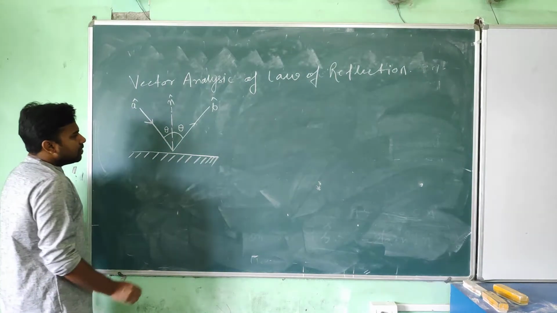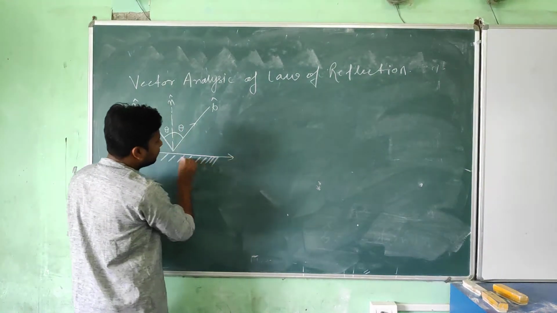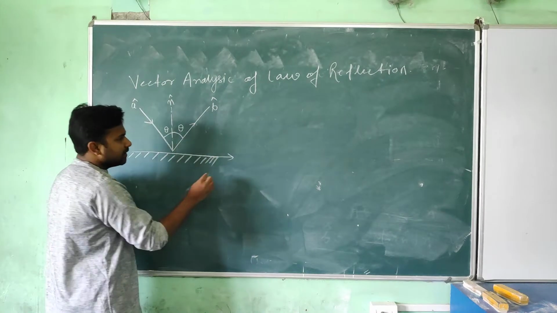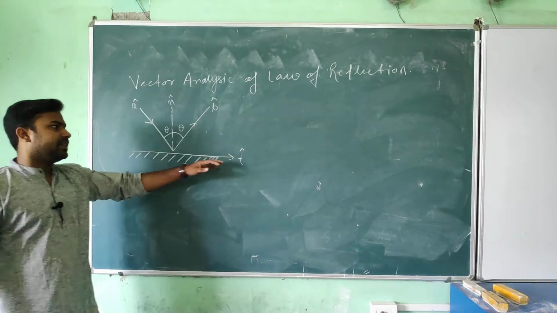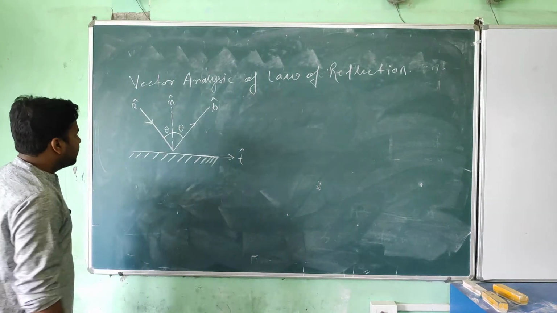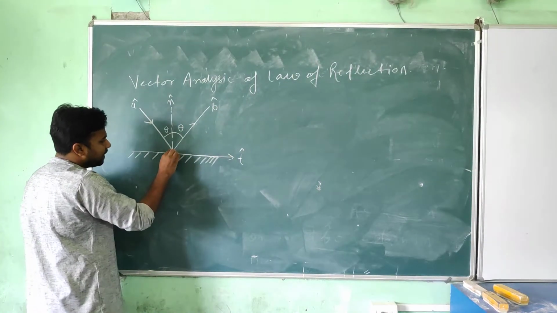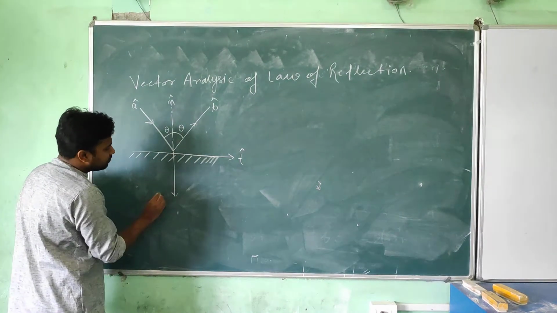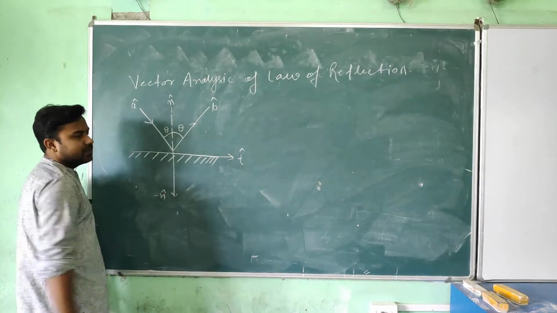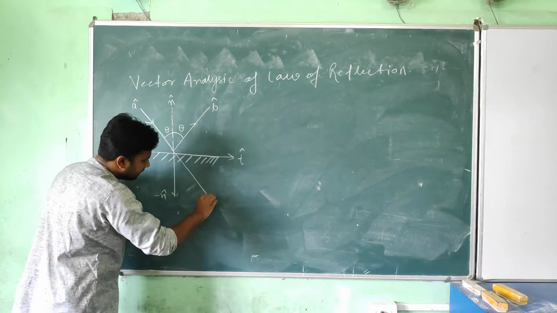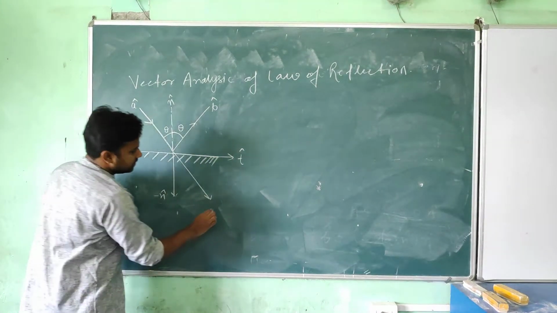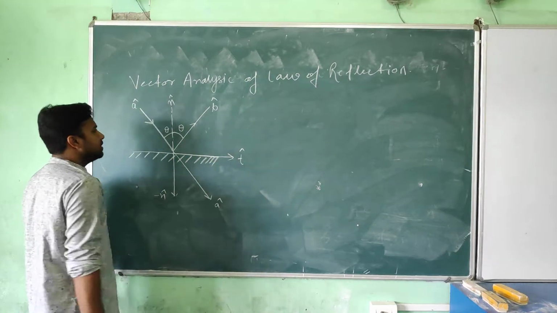Now I am giving the name T cap to the direction of the mirror line. If this one is N cap, then the opposite of that is minus N cap. Very simple. This is the direction of A cap, so B cap.